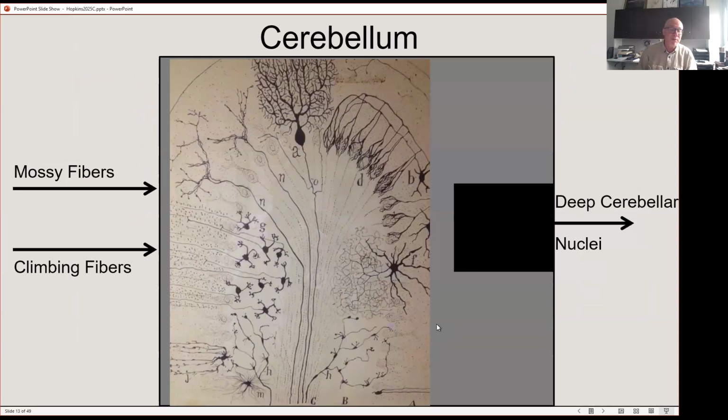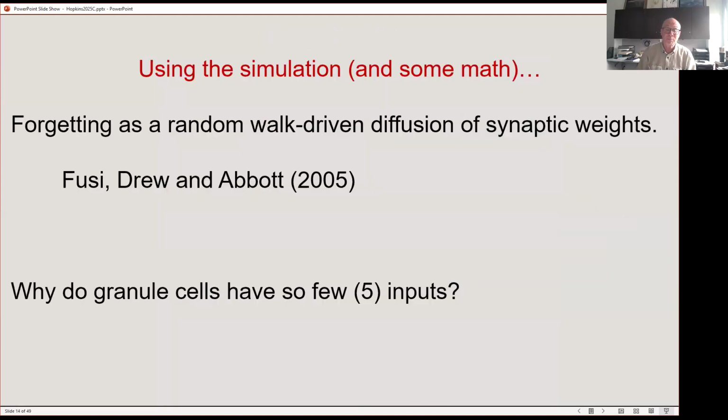It allows us to pivot to this new kind of project that, frankly, I didn't anticipate until things started to be the way they are now. We could use the simulation, which works and captures all of the key properties of eyelid conditioning, to say, well, why does the cerebellum have the properties that it has? And so this is what I want to talk about today, which is why I chose the audacious title that I did: why the cerebellum is built the way that it is.